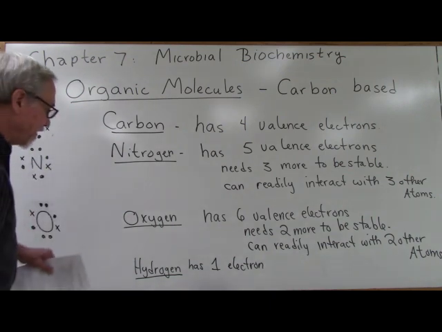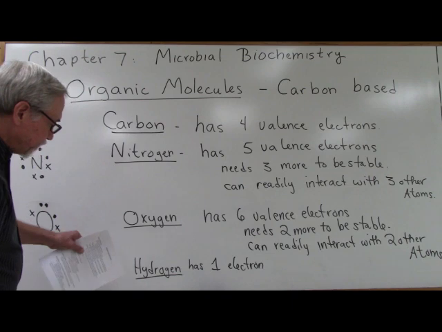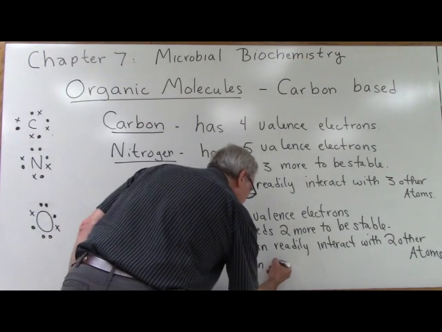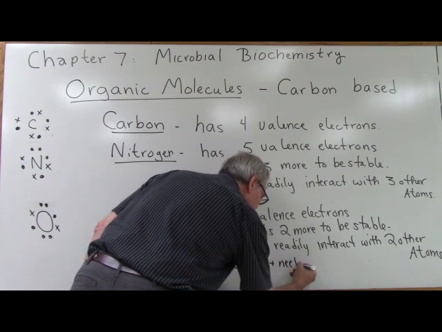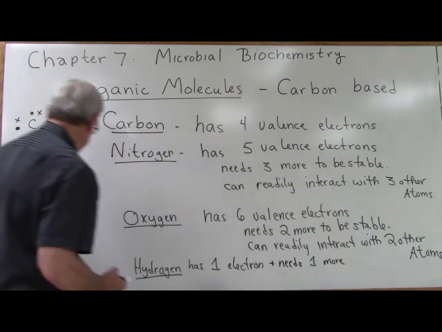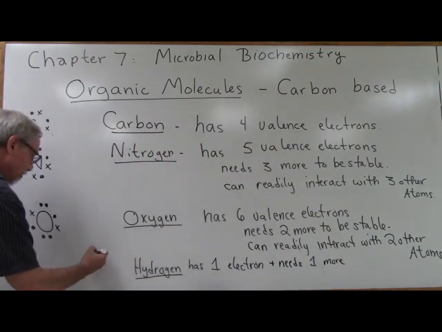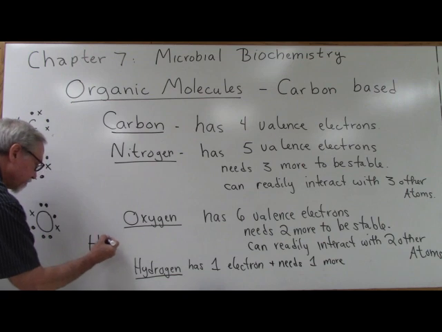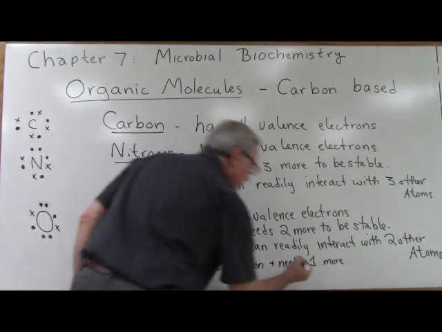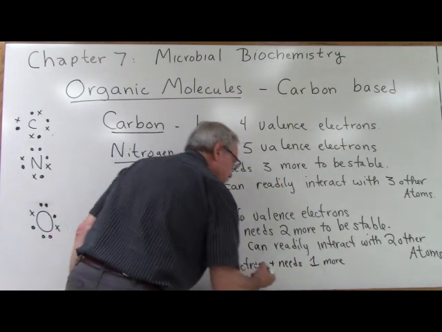The first shell can only hold 2 electrons, so hydrogen has 1 electron and it needs 1 more. So if we were to draw hydrogen, it will look like this. It has 1 lonesome electron and it needs 1 more. So therefore, hydrogen can readily interact with only 1 other atom, as I drew it before.